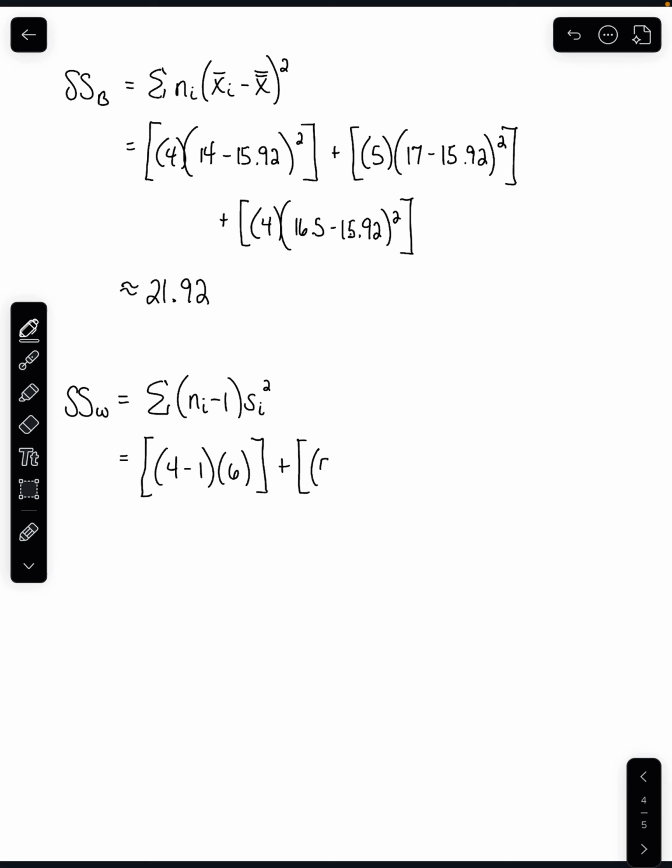The second sample was size 5, so we have 5 minus 1, times the variance of that sample, which is 8.5. The third sample had a size of 4, so 4 minus 1, times the variance of the third sample, which is 7. This sum gives us 73.